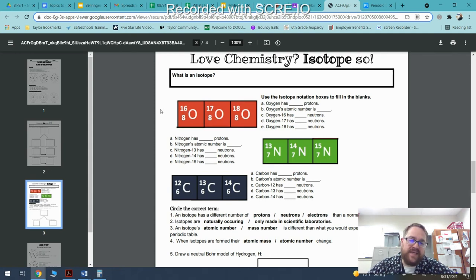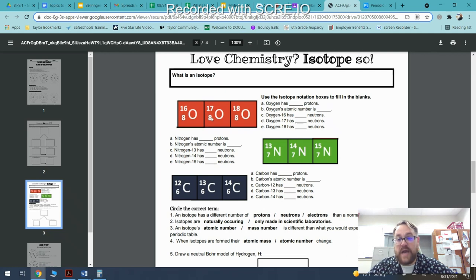Well, we get atomic mass by taking protons plus neutrons. So 8 plus something equals 16. 8 plus 8 equals 16. So that means that this one right here has an equal number of protons and neutrons. It's not an isotope. But this one has 17 for its atomic mass with 8 protons. 8 plus something equals 17.